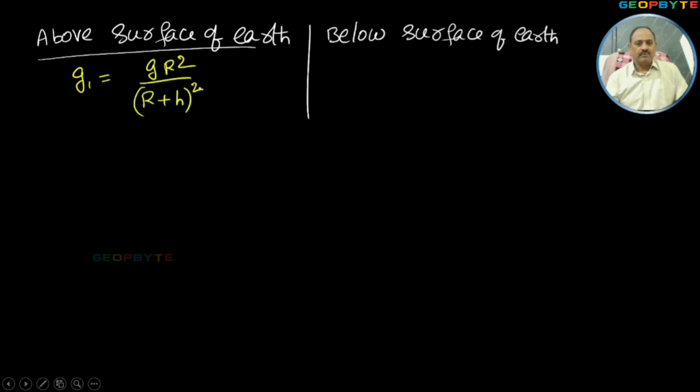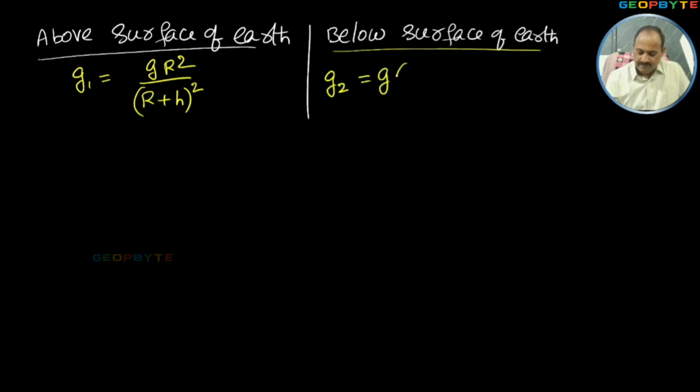This we have already clearly discussed. Whereas below the surface of the earth, g2 is g into (1 minus h by R).